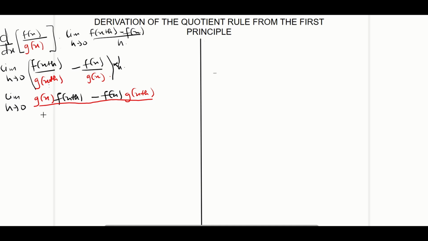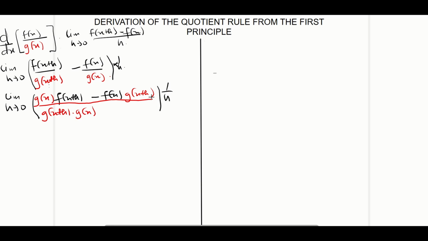So we are having g of x plus h multiplying my g of x. Now, we must not forget that everything is divided through by h, so that's multiplying 1 over h.